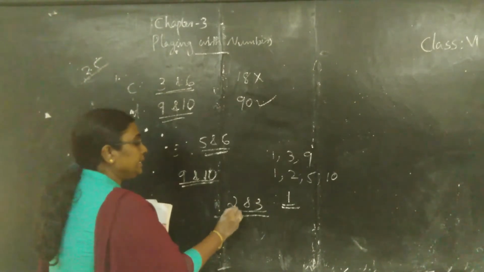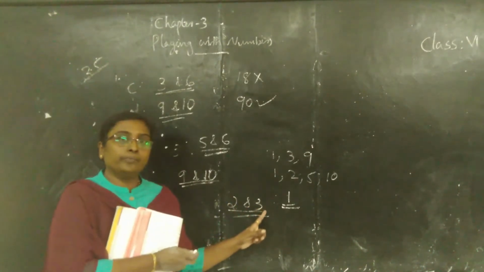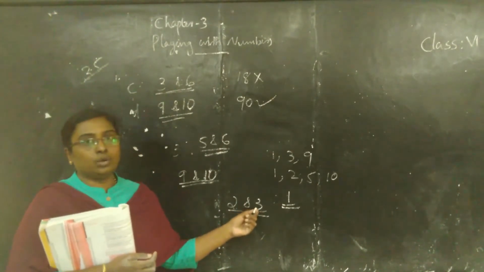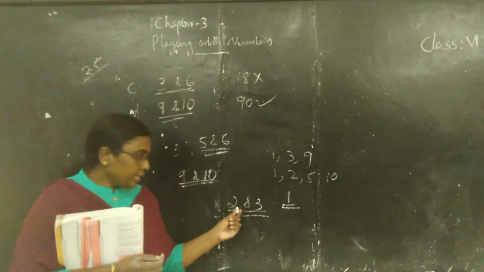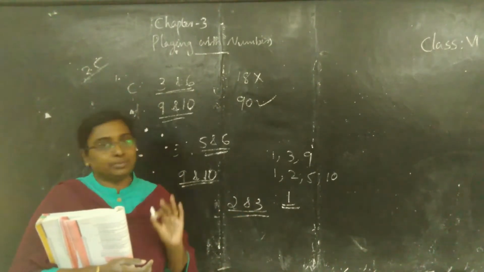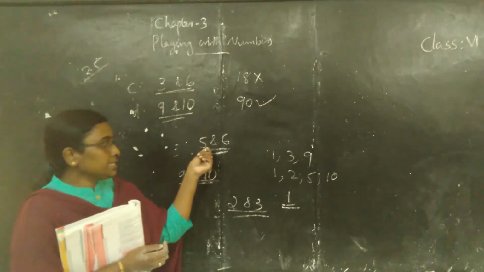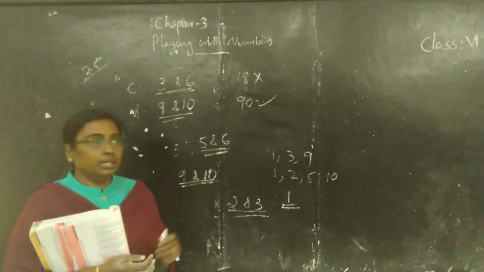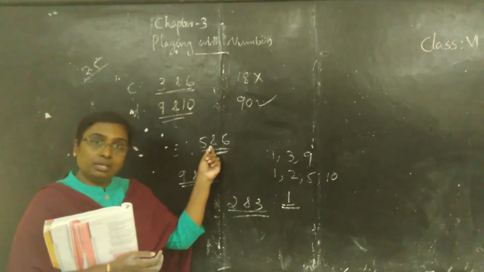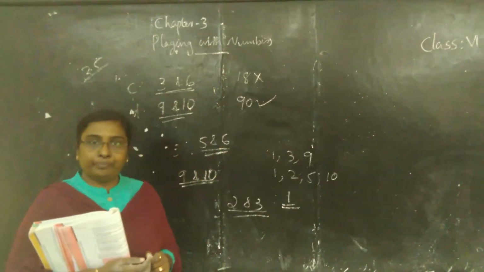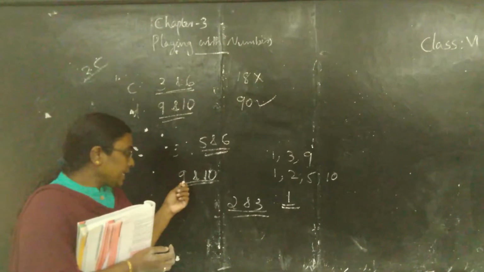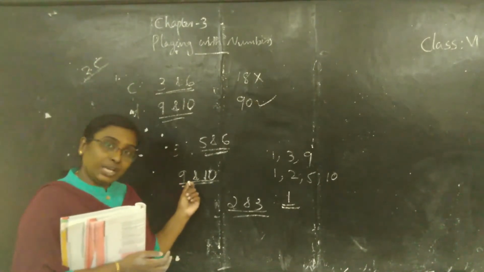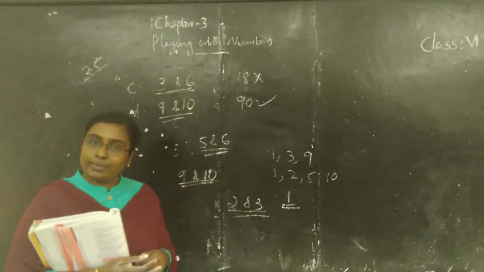In this case, 2 and 3 are co-prime numbers, and both are prime numbers. In this case, 5 and 6 are co-prime numbers. Here, 5 is a prime number and 6 is not a prime. In this case, 9 and 10 are co-prime numbers. Here, 9 is not a prime number, and 10 is not a prime number.